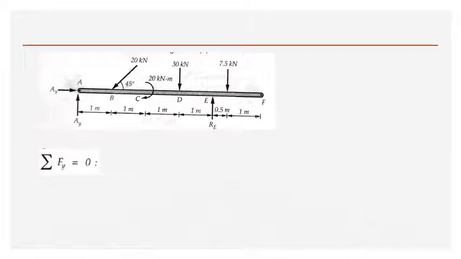It is not a vertical force. So Ay plus 20 sine 45 minus 30 plus RB minus 7.5 is equal to 0. Only unknown is Ay, RB we have already found out. Substitute and we get Ay as 12.17 kilonewton.